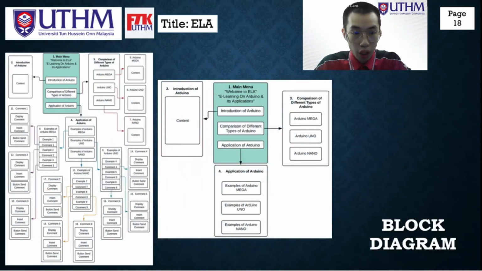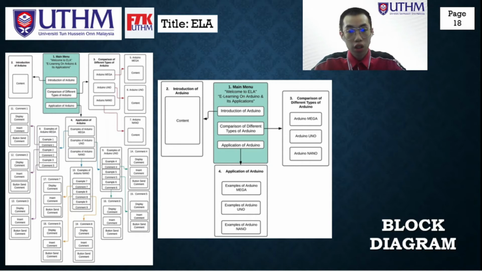Next is the block diagram. Here, as you can see, the block diagram shows the connection between the main menu and the first submenu, introduction of Arduino, the second submenu, comparison of different types of Arduino, and the third submenu, application of Arduino.